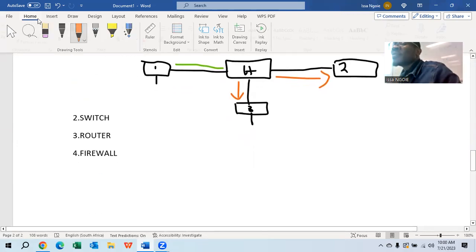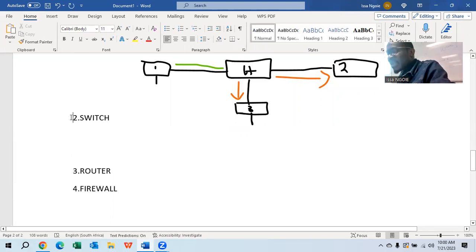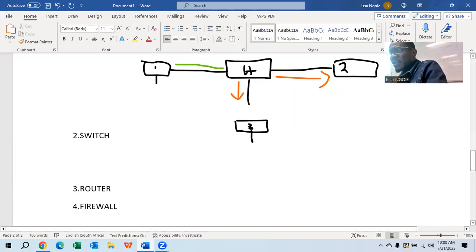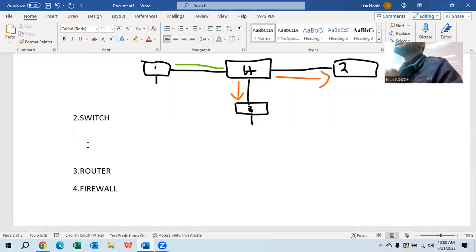Now, because of those drawbacks, they said, okay, there must be a way to come up with a device that's going to be smarter than a hub. A device that knows where to send a specific message. So they came up with what? A switch.